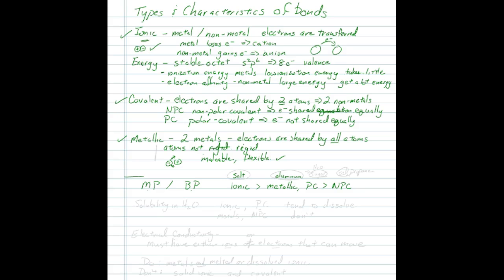Polar covalent, you can think of sugar. You can melt sugar, put it in the stove, and you get caramel if you melt sugar down. Another polar covalent compound that you're familiar with is water. Obviously, sugar will melt on top of the stove.